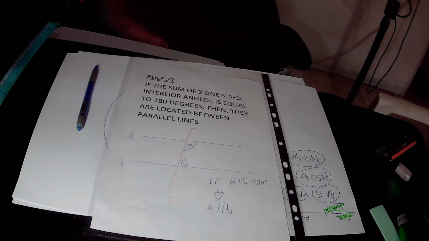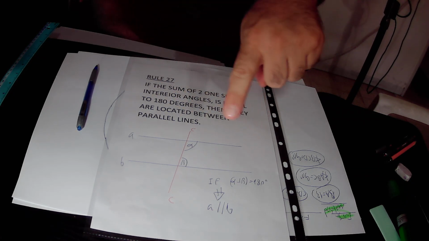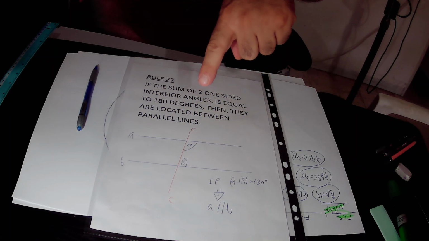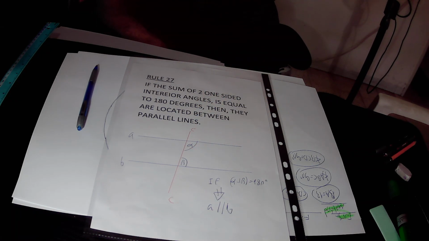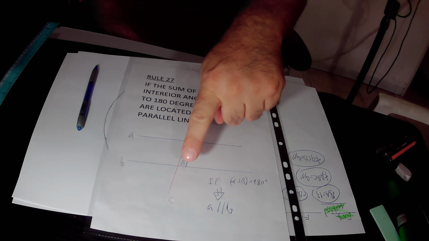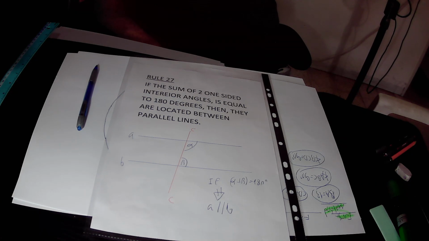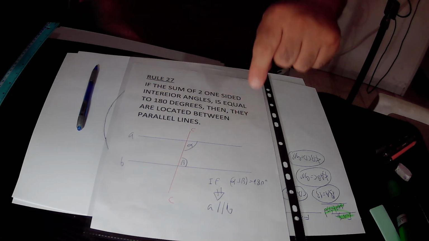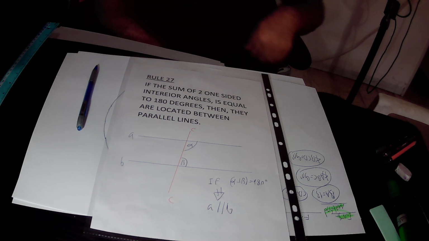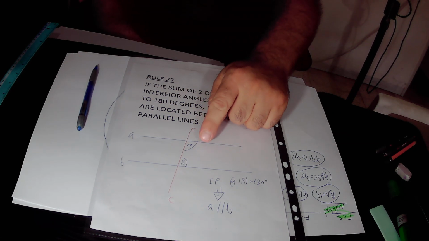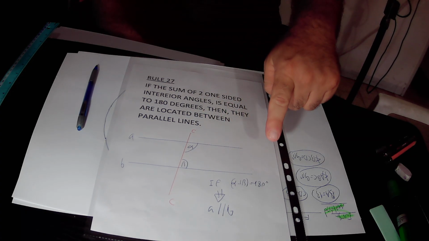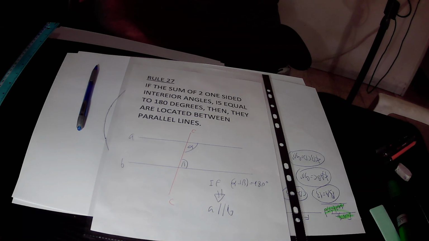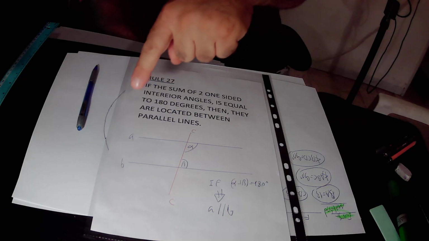So in the drawing we have line A, line B, and line C that cuts the two lines A and B. Those two angles alpha and beta are defined as one-sided interior angles because they are located on the side of the side line C, and they are located between the side lines A and B. Therefore, they are defined as one-sided interior angles. If the sum of those two one-sided interior angles is equal to 180 degrees, that is to say, if alpha plus beta is equal to 180 degrees, then line A is parallel to line B.